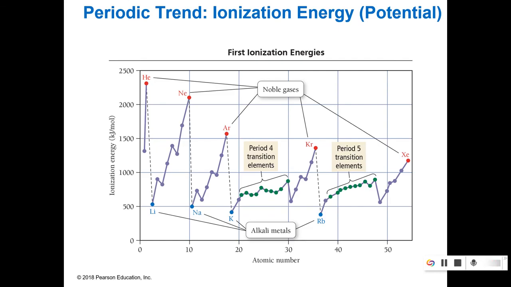So here you can see in the graph that all of the noble gases are the highest point in each row. Metals are going to be lower because they're going to want to easily give up electrons, so they don't have as high of energy to remove them.